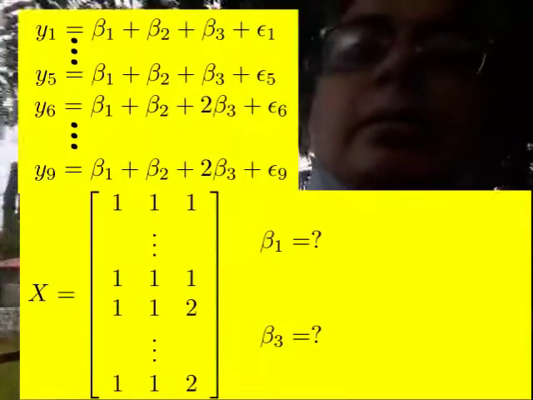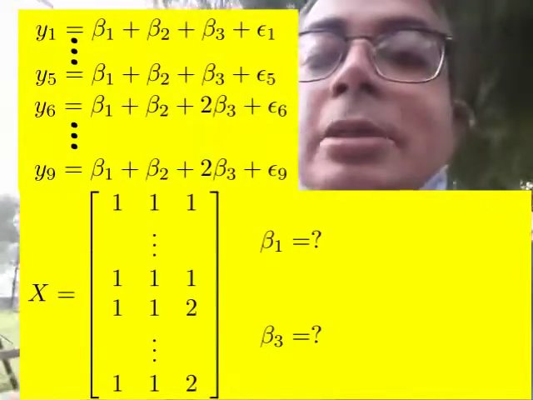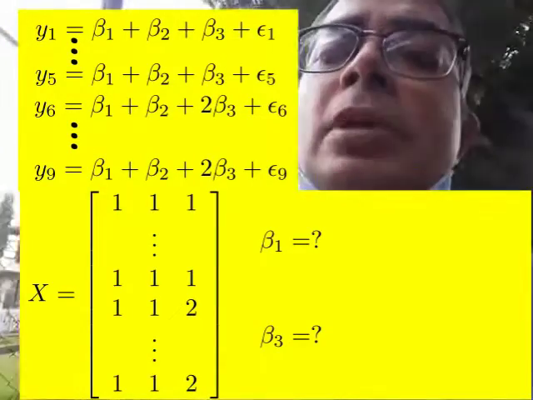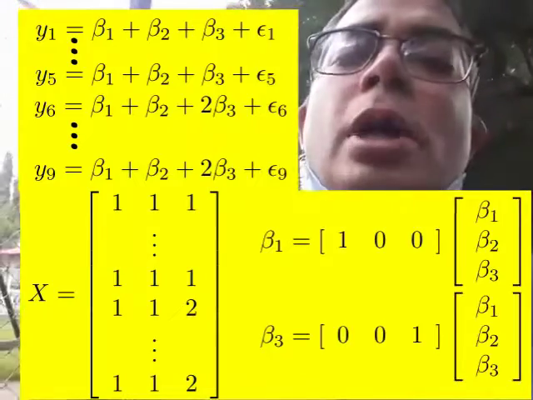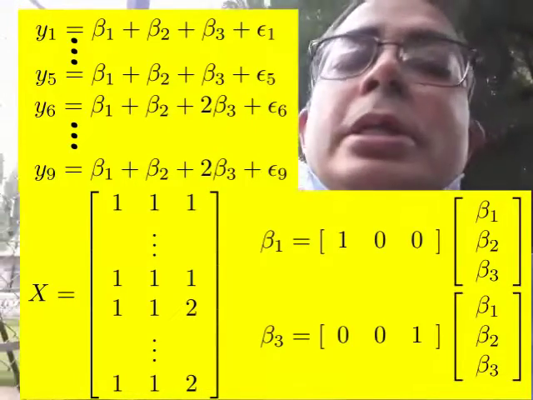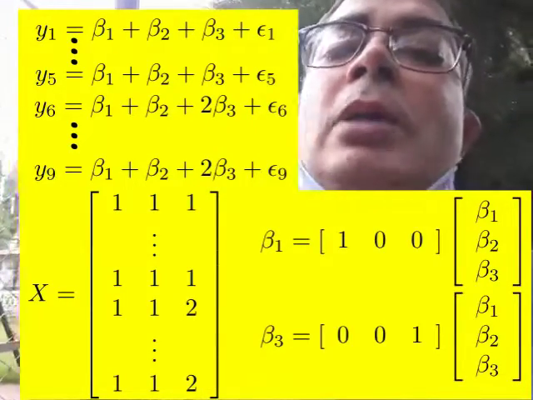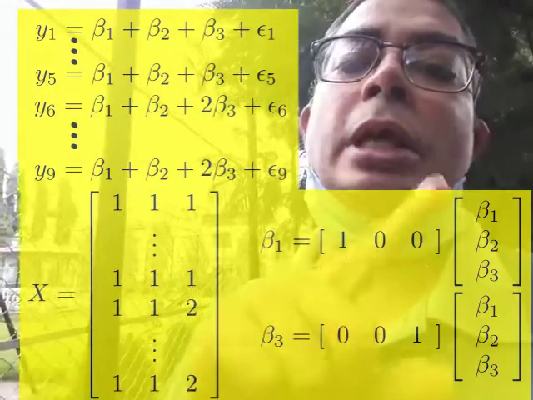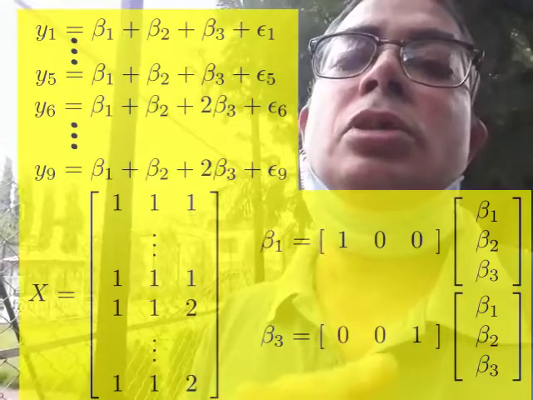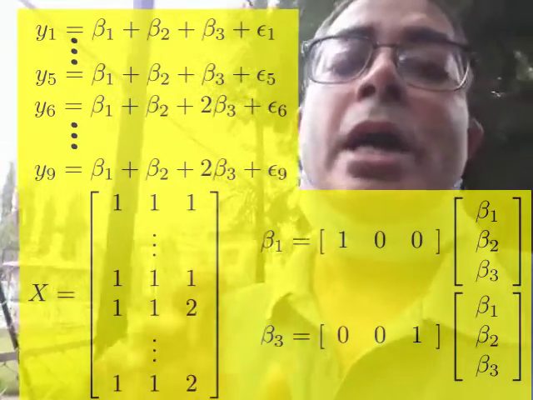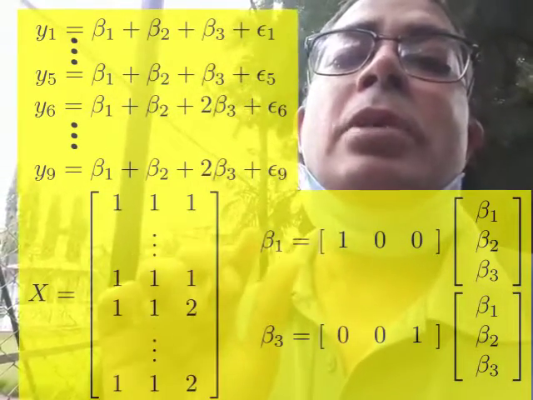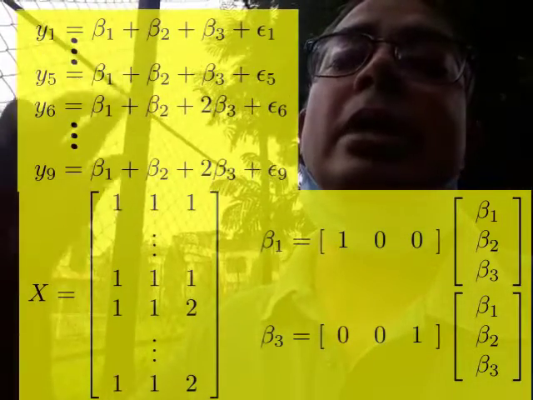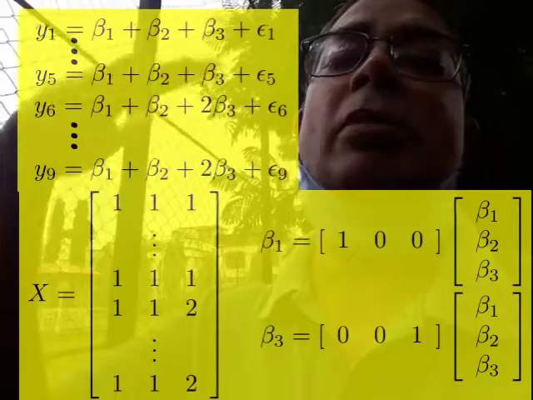I had my design matrix, so this is my design matrix. And what is my beta 1 after all? Beta 1 and beta 3 are nothing but linear combinations of the beta i's. For beta 1, the linear combination is 1, 0, 0 times beta, and for beta 3 it is 0, 0, 1. The reason we could not obtain beta 1 separately was that I could not express it as a combination of these equations.